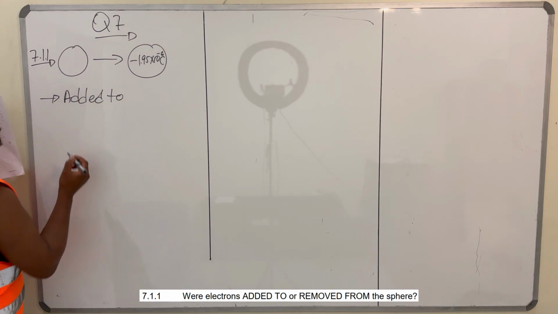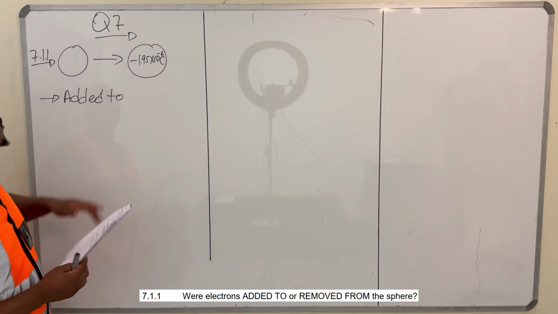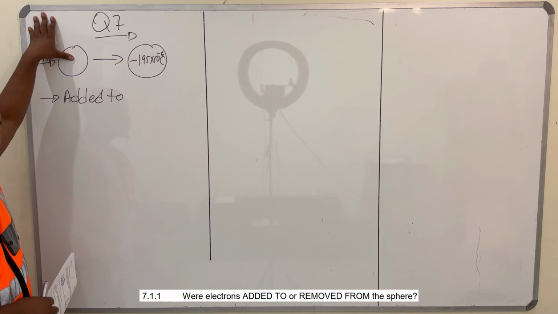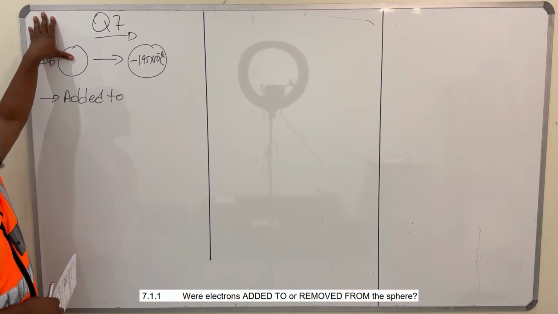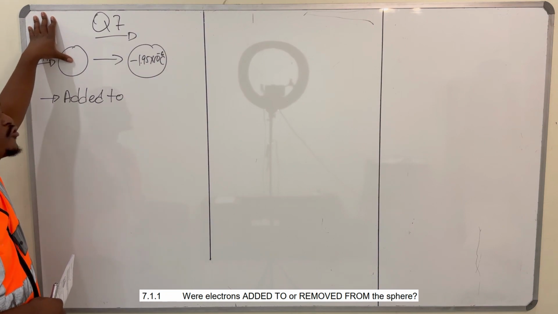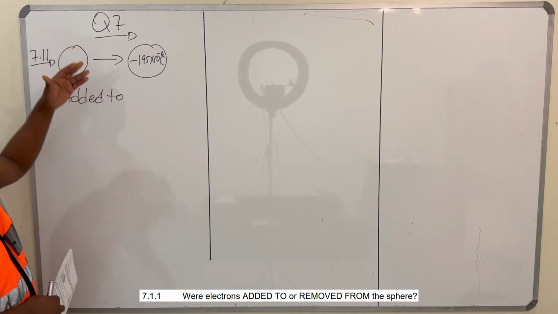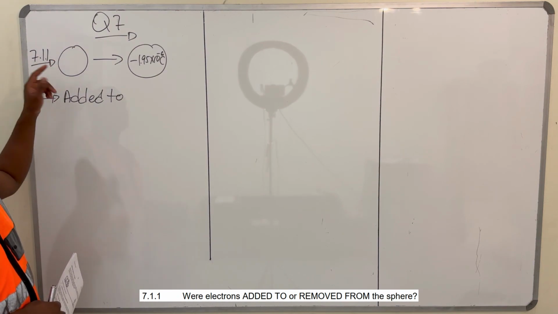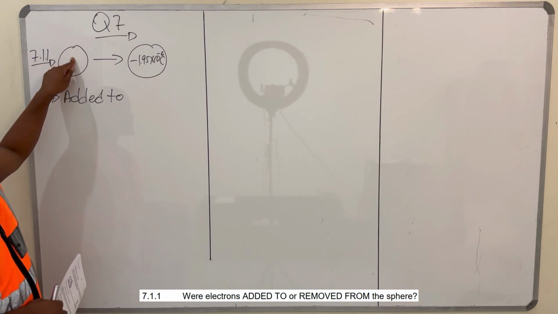That's what happens. If you have a sphere like this, and then this sphere comes in contact with a negatively charged object, then electrons may be transferred from that negatively charged object into our neutral sphere.